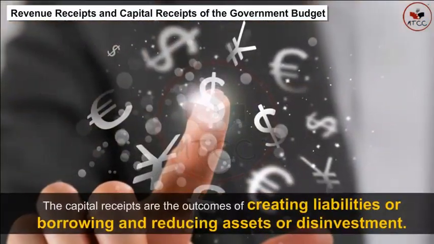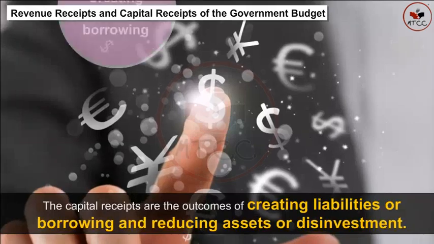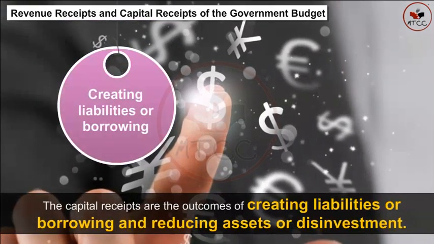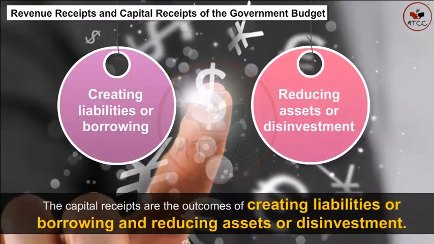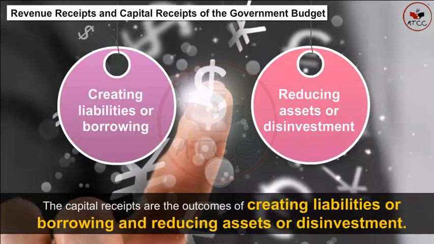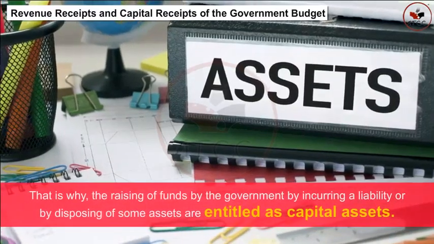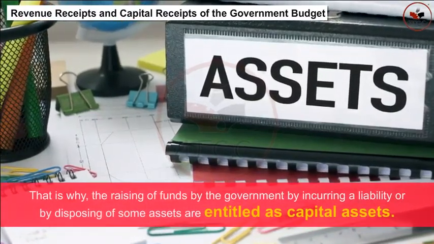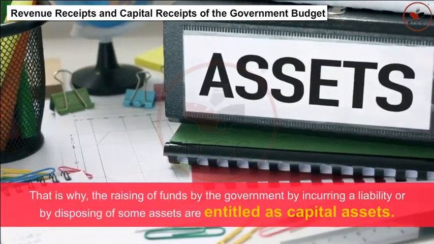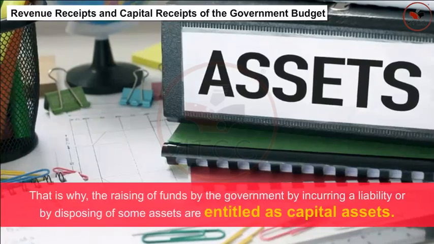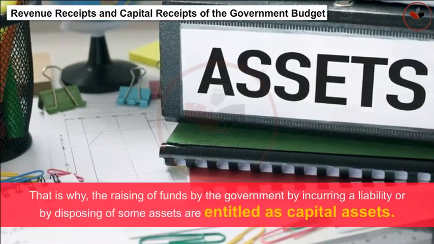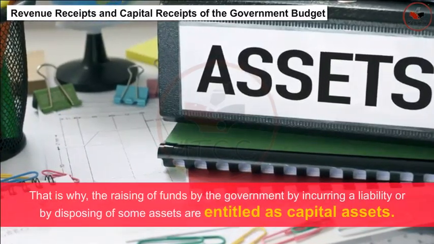The capital receipts are the outcomes of creating liabilities or borrowing and reducing assets or disinvestment. That is why the raising of funds by the government by incurring a liability or by disposing of some assets is entitled capital receipts.